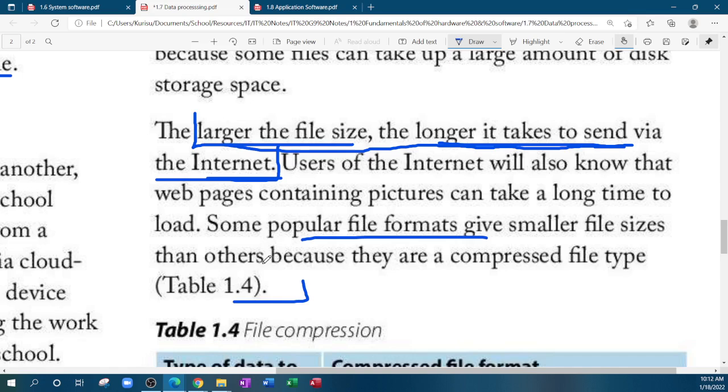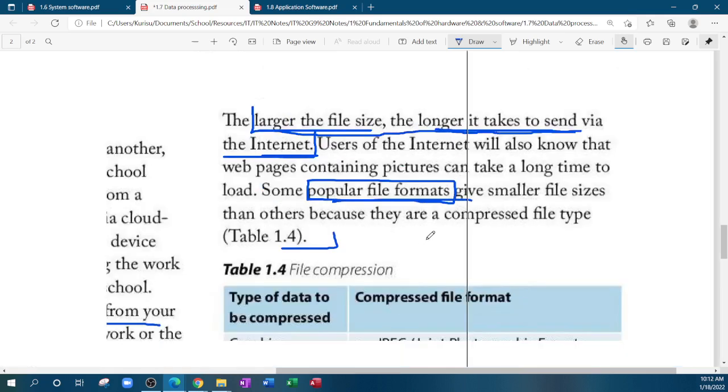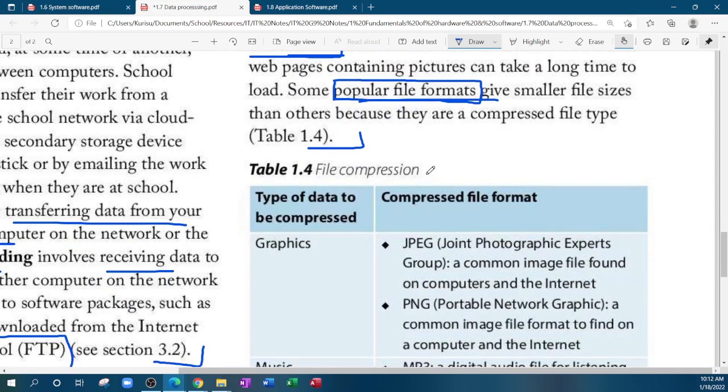Now, the last part here: when your data is compressed, it has different file formats for those compressions. So file types is the same as file compression. The different file types are what you get after you have compressed the file.